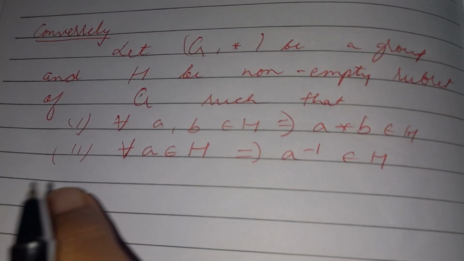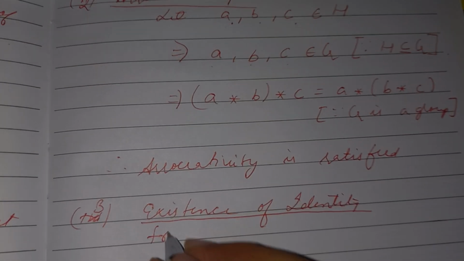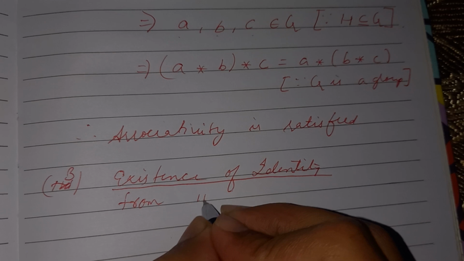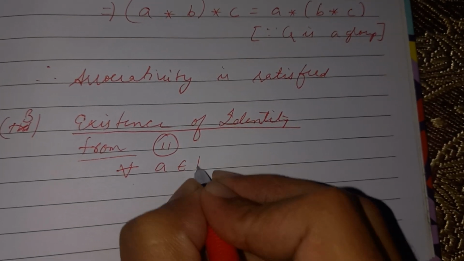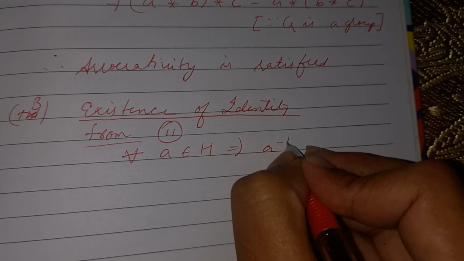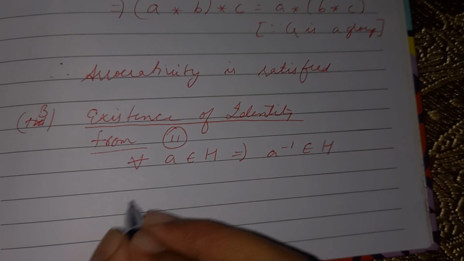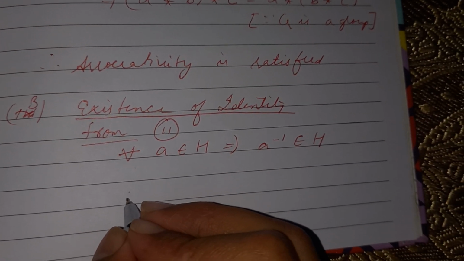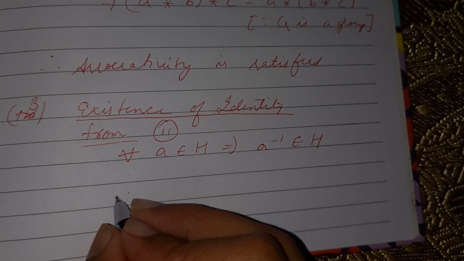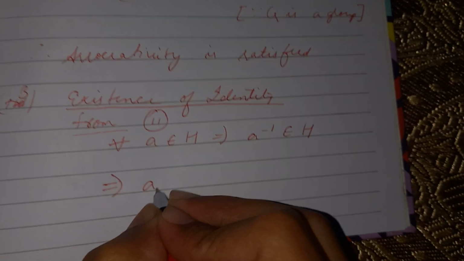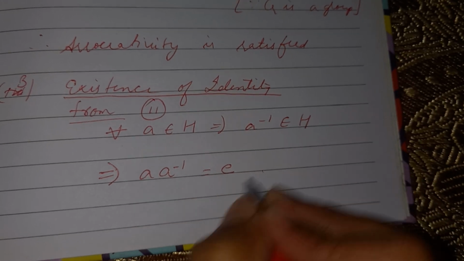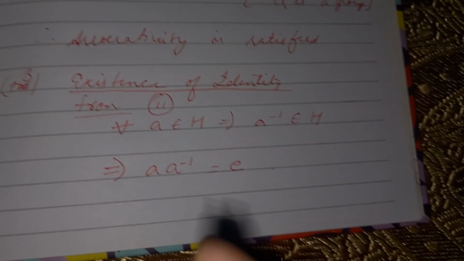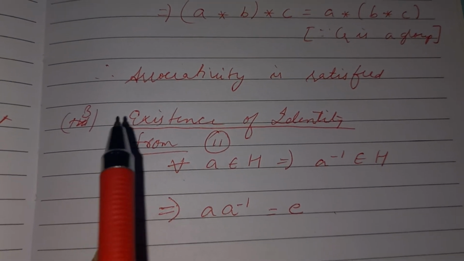So from condition 2 we have that for all a belongs to H, there exists a inverse belongs to H, which means a * a inverse will be the identity, which means our third property is also satisfied.